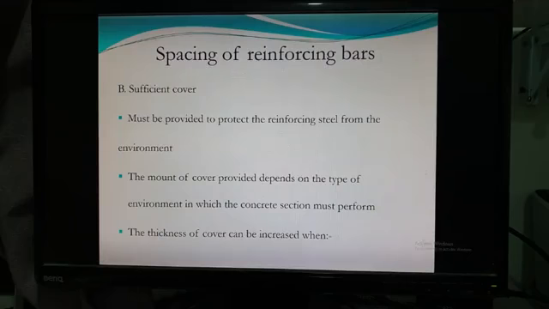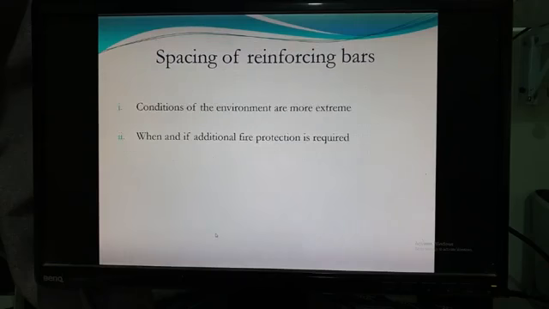Okay, sufficient cover. We must protect the steel from the environment to prevent corrosion. The amount of cover provided depends on the type of environment. The thickness of the concrete cover depends on the environment.